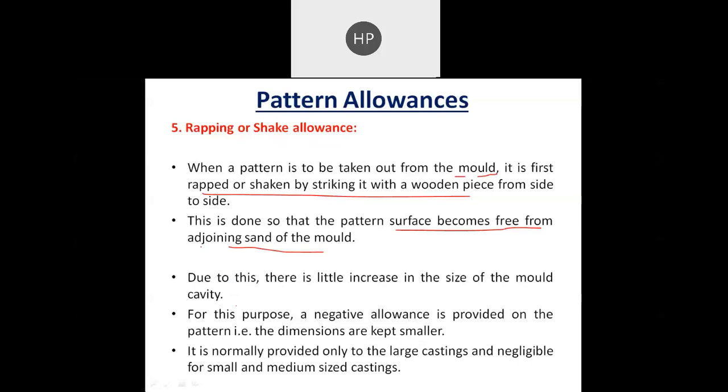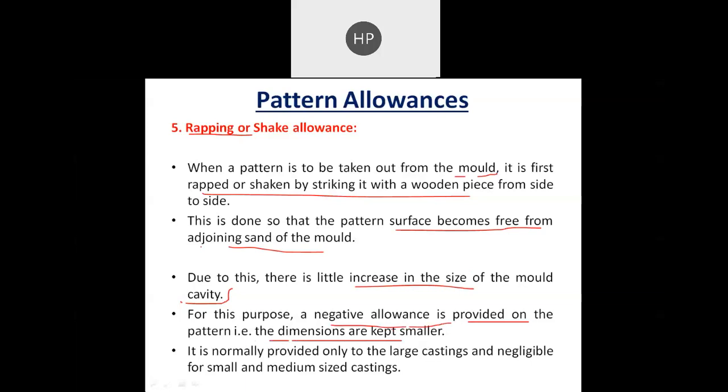So due to this rapping or shake, we are shaking the pattern so that there will be some increase in the size of the mold, and for this purpose a negative allowance is provided on the pattern dimension to keep it smaller.